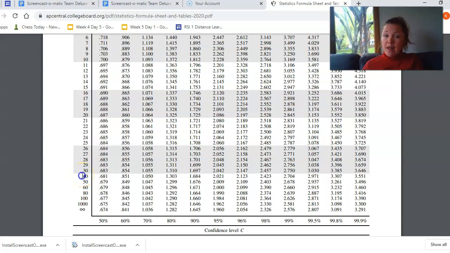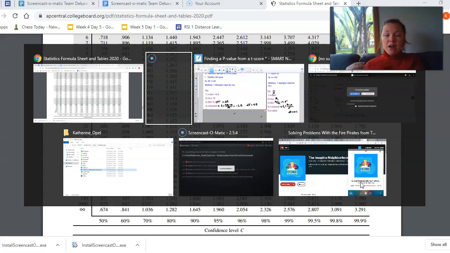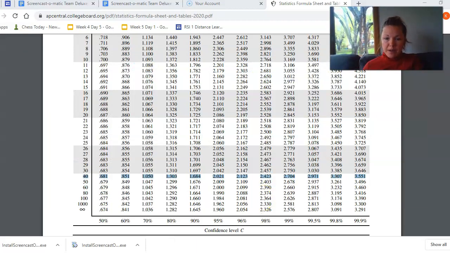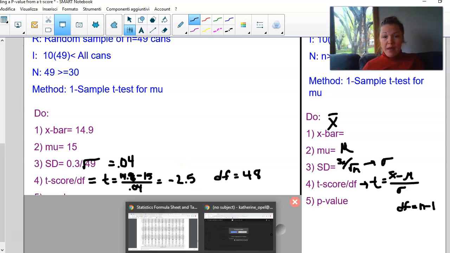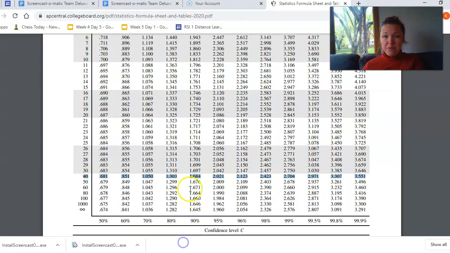So this is the line we're going to be working with, okay? Okay, so just what we learned yesterday. Our t-score is negative 2.5. Since it's negative, we take the absolute value of it, okay? So that's 2.5. And I look and I say, what space does that belong to? It's got to be between the left column and the right column.